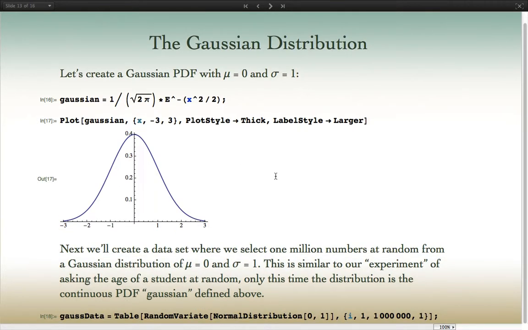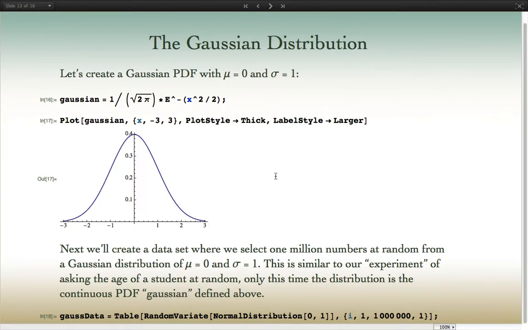Now we're going to take this distribution, and Mathematica has a function called RandomVariate that allows you to define some sort of distribution and then pull numbers from it. This is equivalent to our lame little experiment of walking up to a student and asking how old they are.